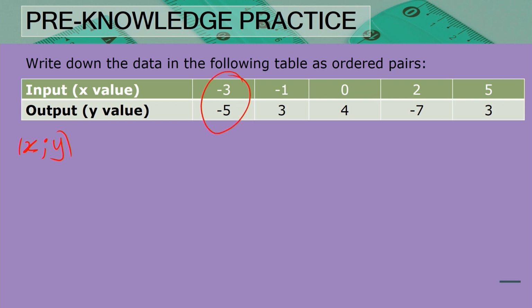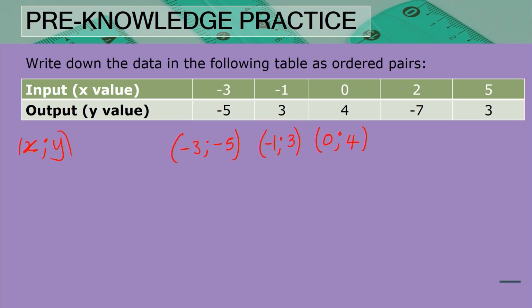As we can see, the x value is -3 and the y value is -5, and that would be the ordered pair. The next one has -1 as the x value and 3 as the y value. Moving on to this pair, we have 0 for the x value and 4 for the y value.